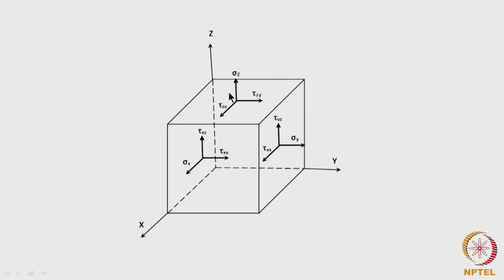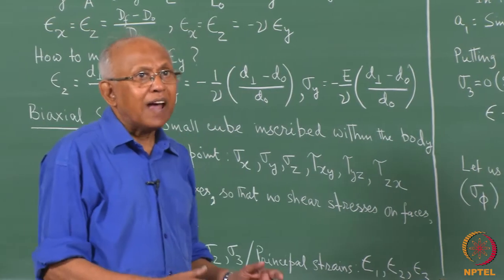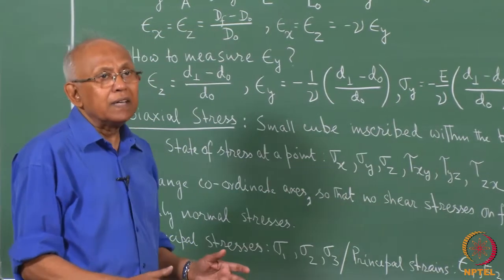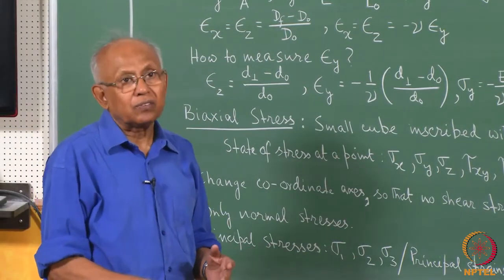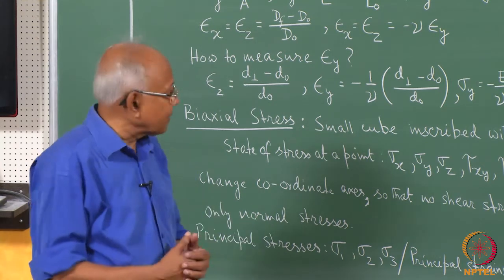Here, for example, this is sigma z, here it is sigma y, this is sigma x, and you have all the shear stresses tau zx, tau zy, tau xz, tau xy, etcetera. Now, if we consider all the 6 faces, we will see that some of the stresses are equal to some other stresses on the surfaces.